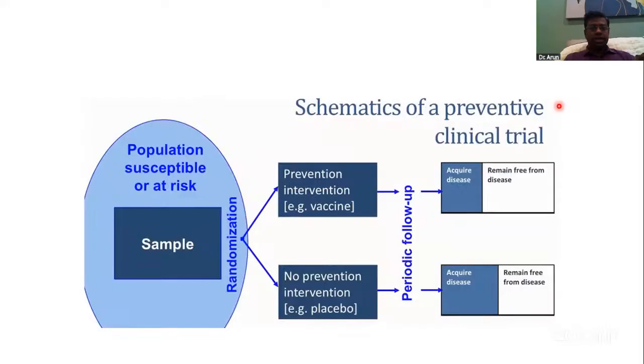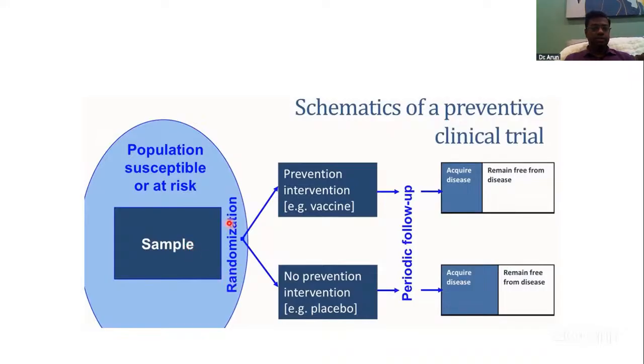So this is the schematic of a preventive clinical trial. First you have to select the population at risk. What is the population of your interest? It is not possible to recruit the whole population at risk. So alternatively, we take a sample from the population susceptible or at risk. Then the next process is randomization.